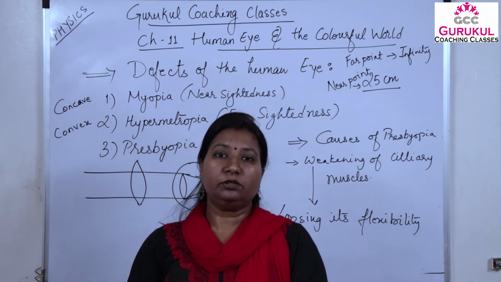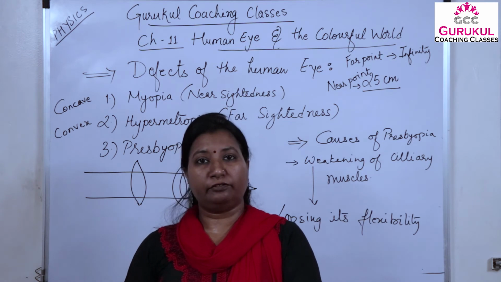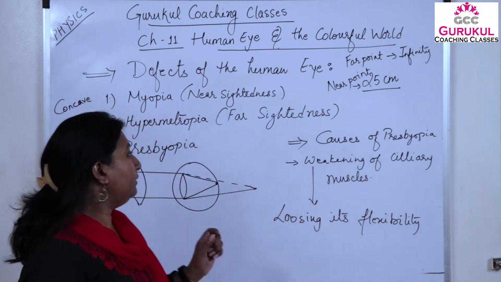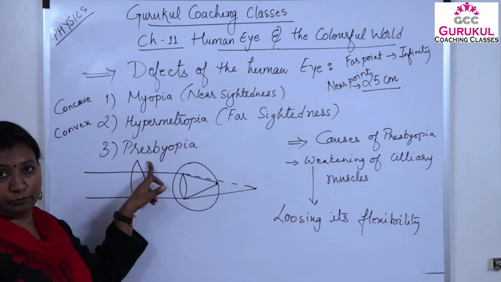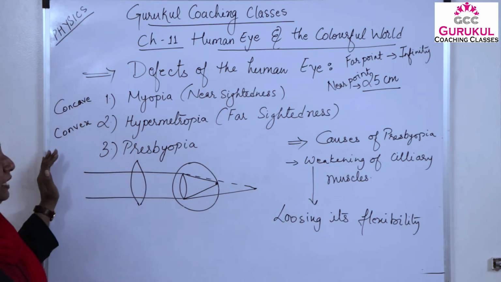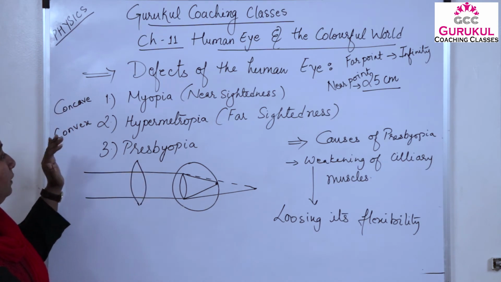The person can't see the nearby objects and the faraway objects clearly, and that condition is known as presbyopia. These are the three main defects of the human eye.